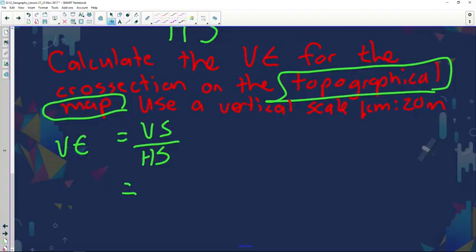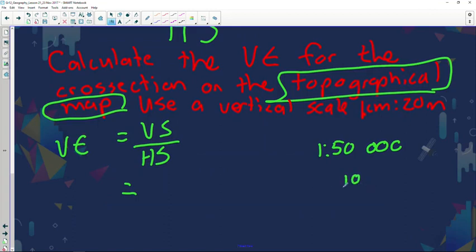Now, what is the vertical scale? 1 centimeter represents 20 meters. But we need to convert it. Because the 1 to 50,000, what does that mean? 1 centimeter represents 50,000 centimeters. So how many centimeters are there in 20 meters? Let's go back to the basics. How many centimeters are there in a meter?